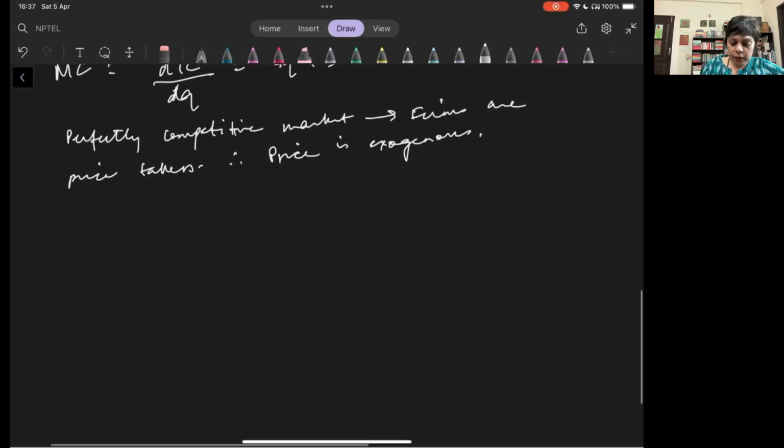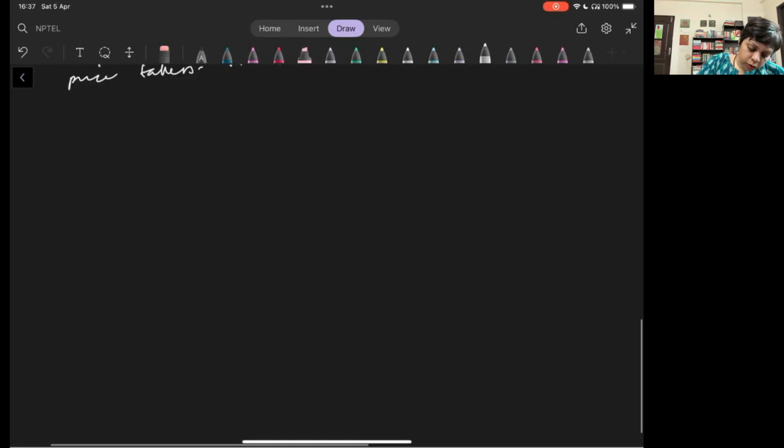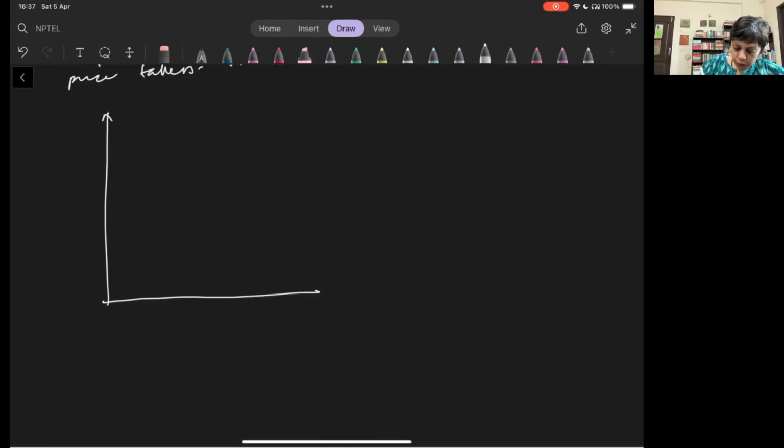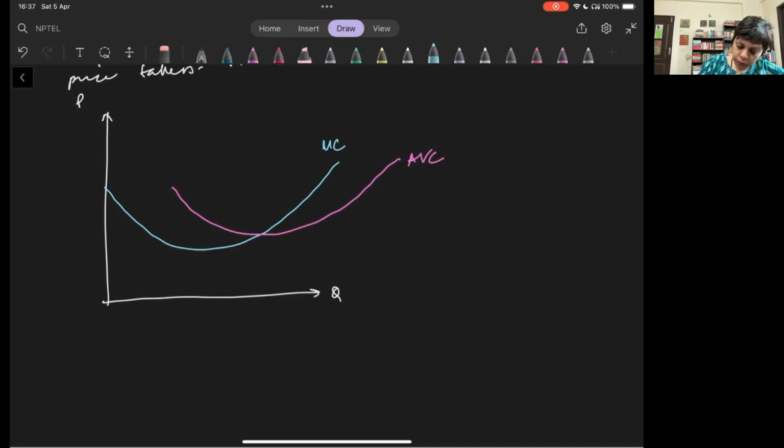So suppose this is a typical firm, this is Q, this is P, and the firm has a marginal cost like this, and an average variable cost like this. This is marginal cost. Then the firm has to decide whether to produce or not, and if so, at what point it should be producing.